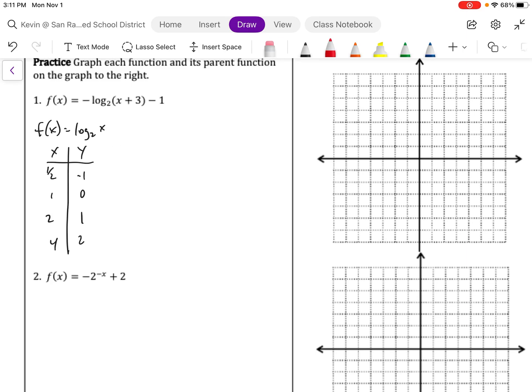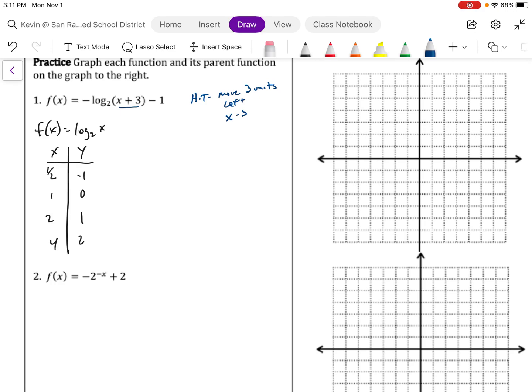Now let's look at our transformations. What transformations do we have? Number 1, we have a horizontal transformation where we're going to move 3 units left. Since it's x plus 3, we're going to be moving all of our x values left 3, which means we're going to take our x values and subtract 3.